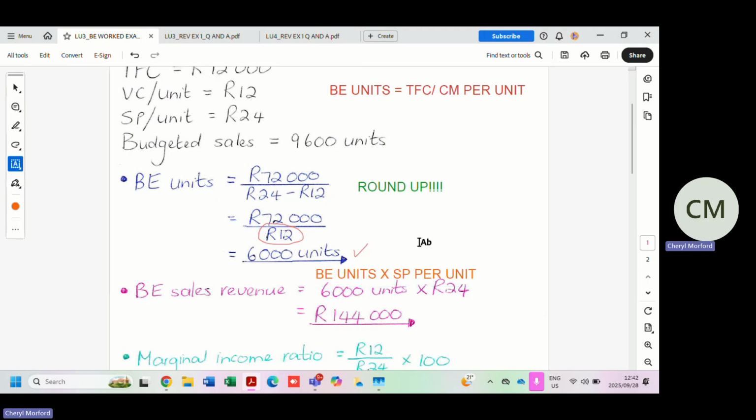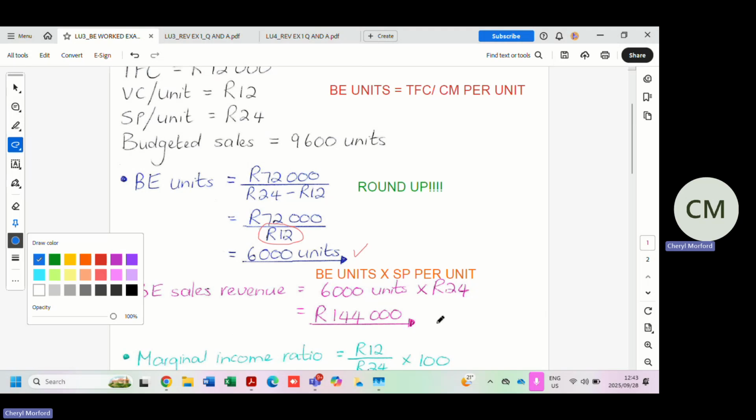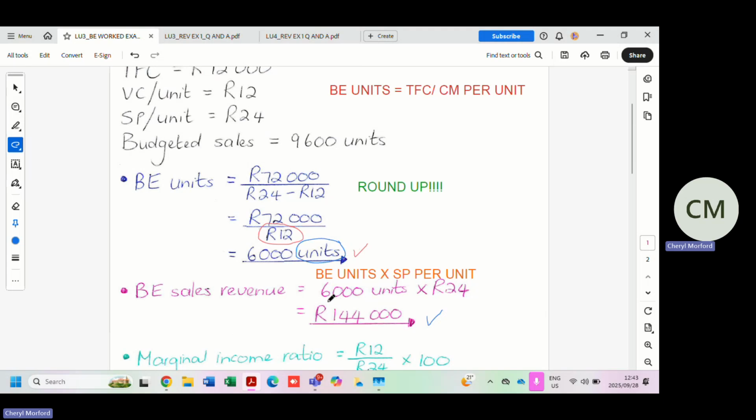That's the simplest way. So 6,000 units times 24 Rand is going to give me an amount of money of 144,000 Rand. So you see here in the first part, it is units, but here it must be Rand.